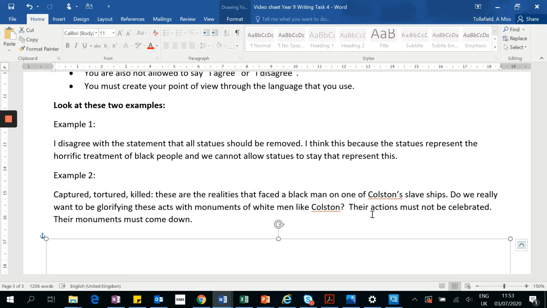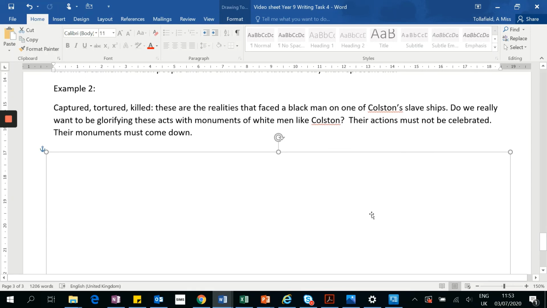So your opening doesn't need to be very long. You can see here there's just 4 sentences, and it's just really outlining what your point of view is and giving the reader that direction for what you're then going to answer in the main body of your writing. Okay.